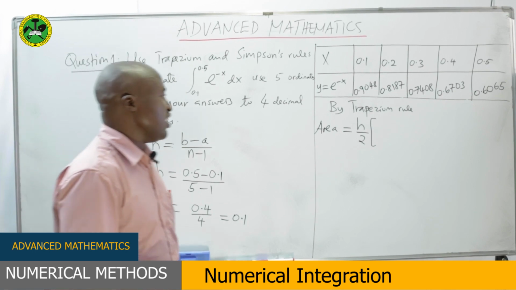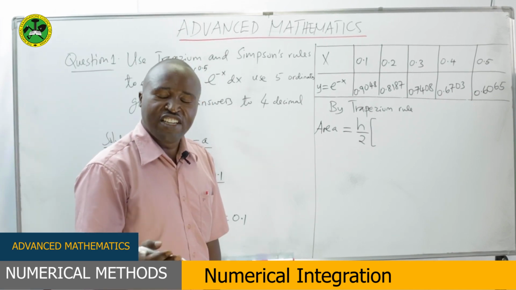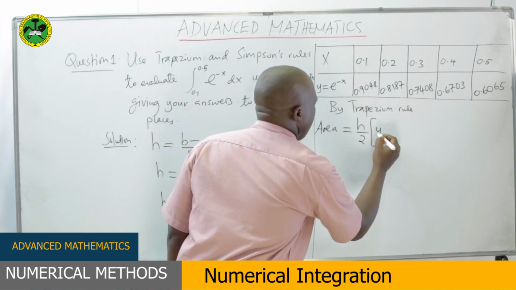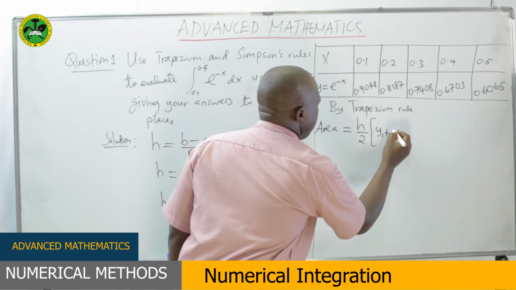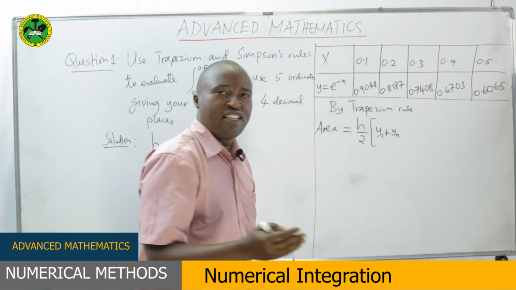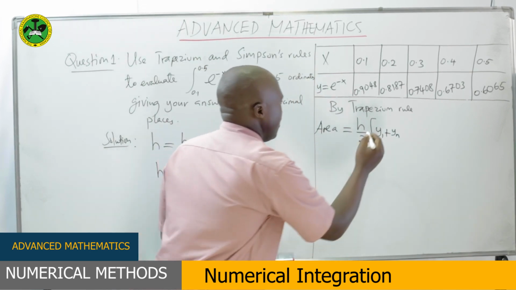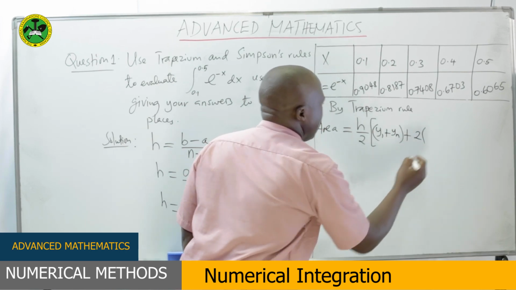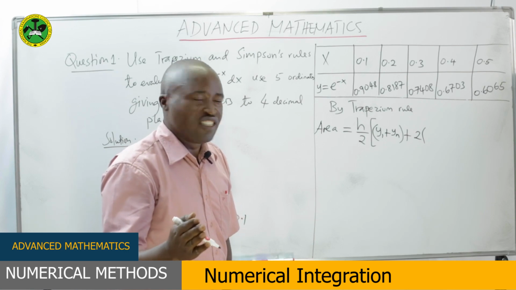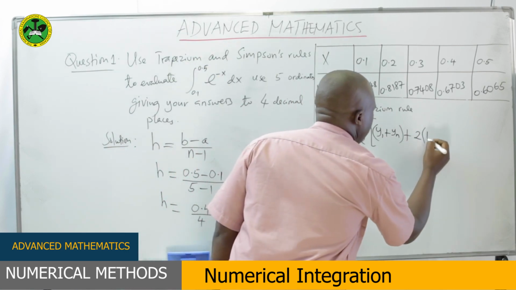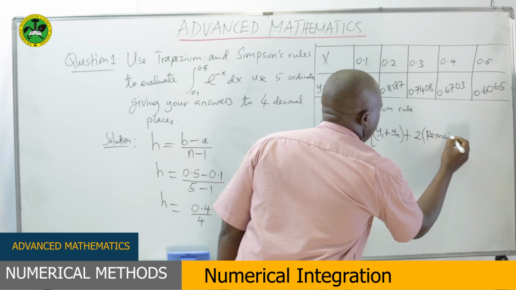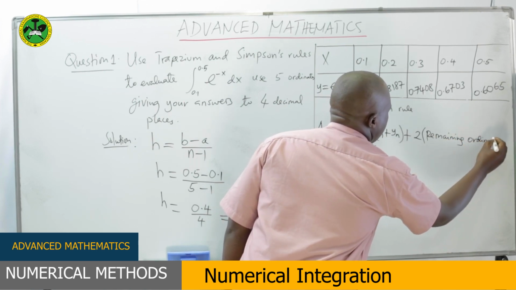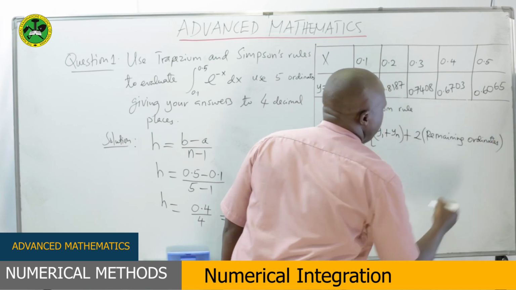My dear student, here we just take the first ordinate plus the last ordinate, that is y1 plus yn, our last ordinate, plus twice times the remaining ordinates.